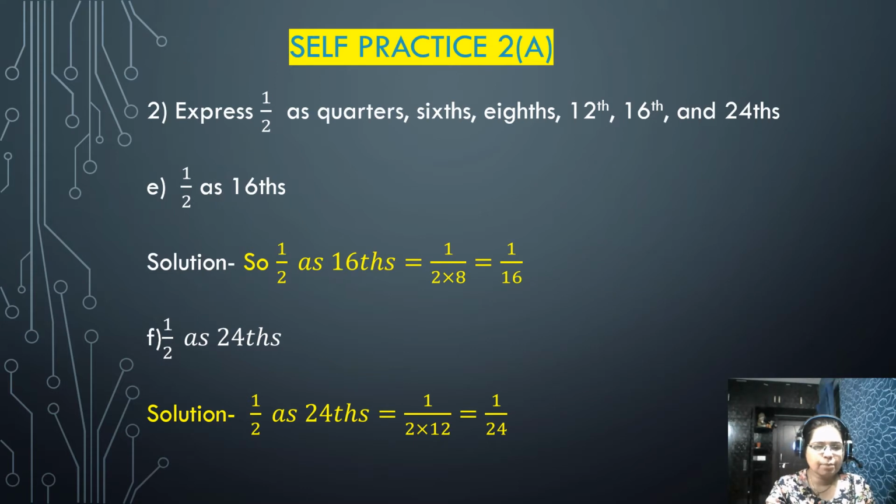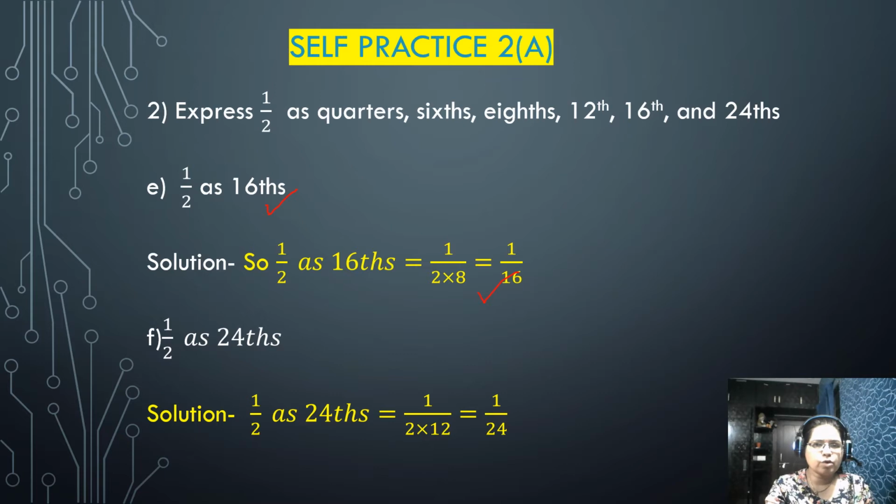Now we will express half in sixteenths. We know 2 multiplied by 8 is 16. So half, 1 by 2 multiplied with 8, equals 1 by 16. Now we will express half in twenty-fourths.